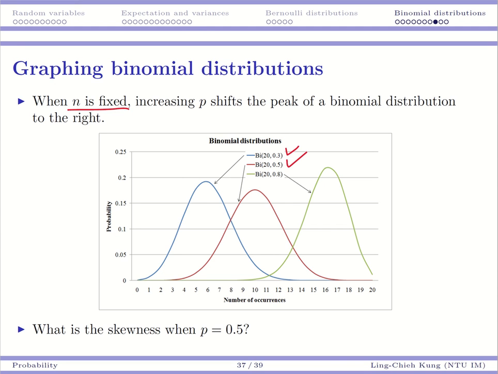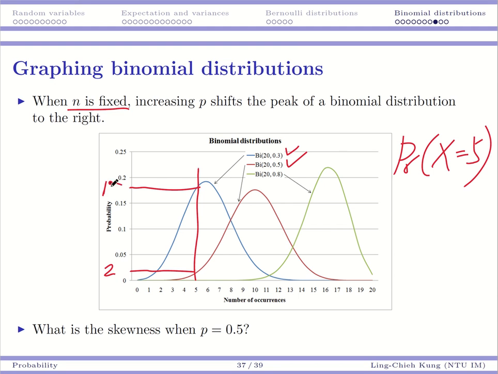The second one is that each time we win with probability 50%. Let's compare their probability of winning 5 times. 5 is here. We can see that in the second distribution, the probability is just about 2%, and in the first distribution, the probability is about 18%. So that's a huge difference.